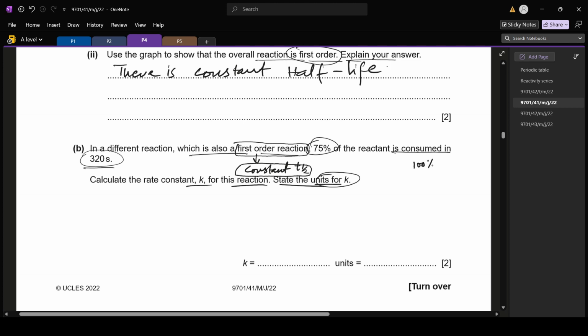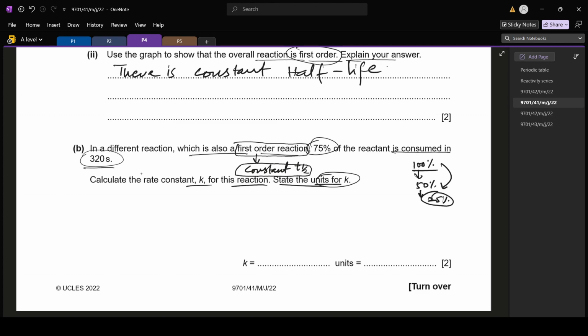Imagine that 100% was the original concentration. On the first half-life, this is going to be 50%, and on the second half-life, it is going to be half of this, which is 25%. So 75% is used up.